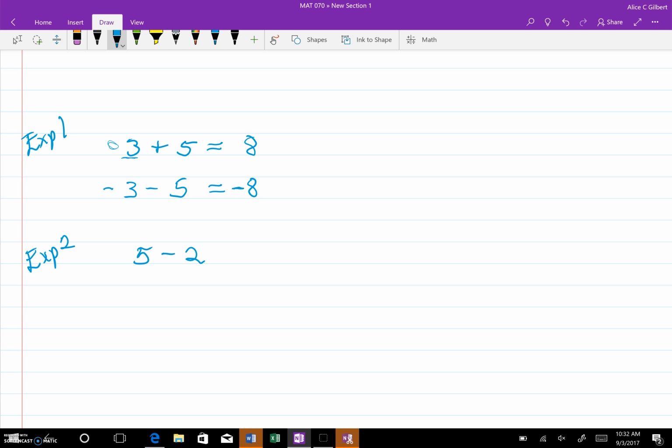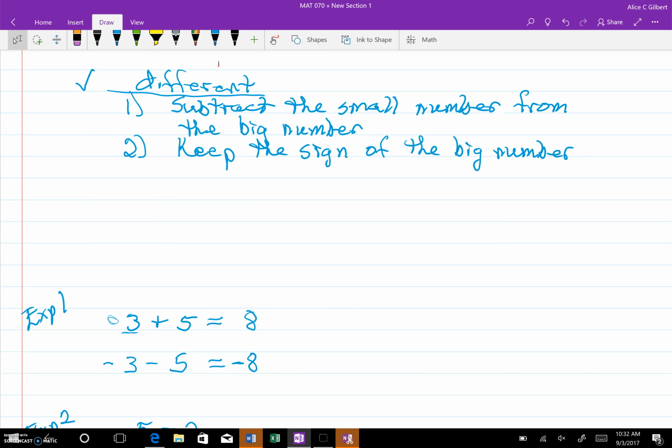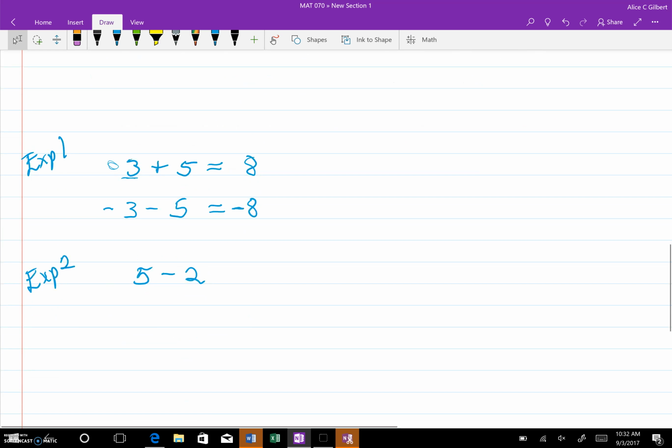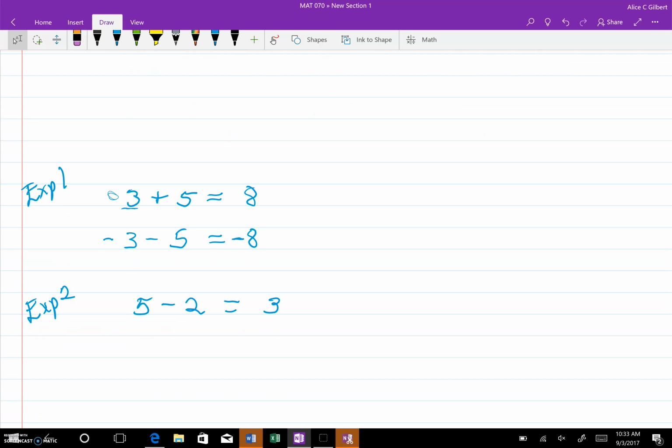The sign in front of the 2 is negative, so the signs are different. Our first rule says subtract the small number from the big number. The small number is 2 and the big number is 5, so 5 minus 2 equals 3. Then our second rule says keep the sign of the big number, which in this case is positive. And there's our answer. You see how that works?